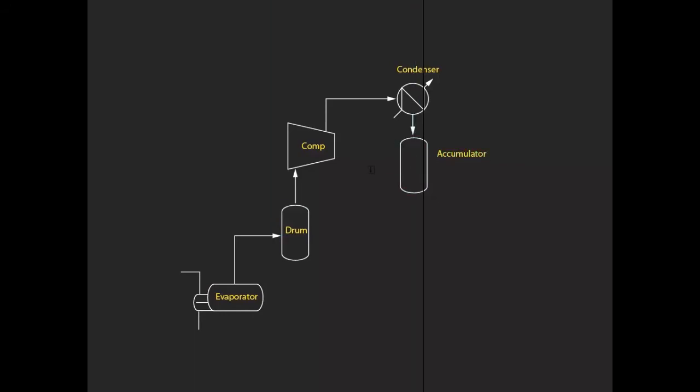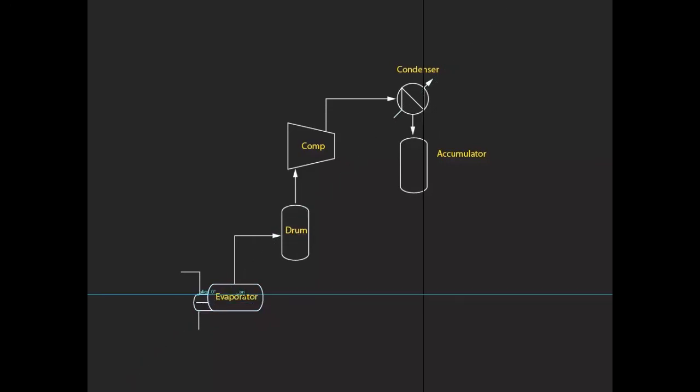Okay, so now we've turned it into a liquid. What do we do with it? Well, we've got to get it back to the evaporator. So the evaporator, as it's cooling our process stream, it's evaporating our refrigerant.